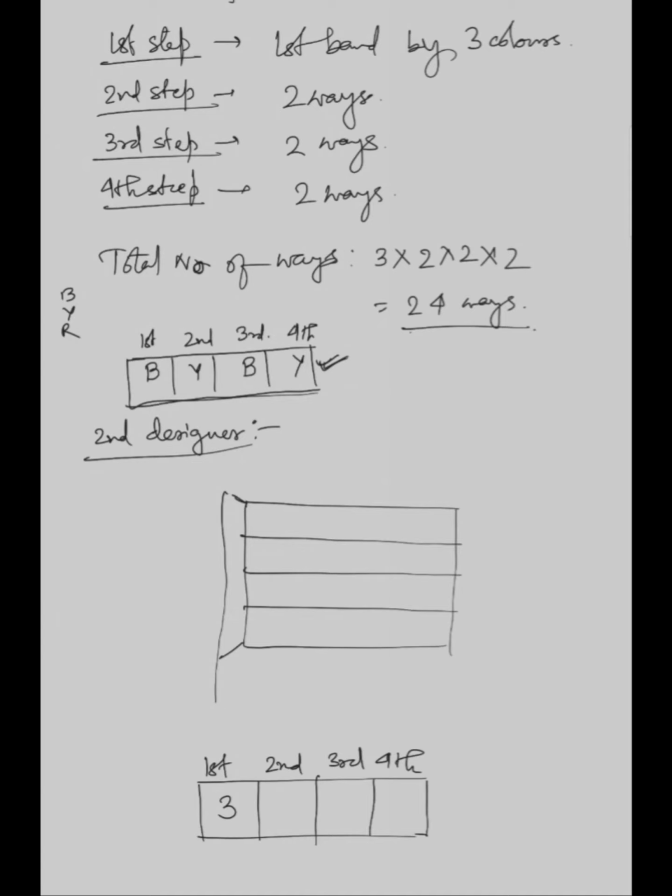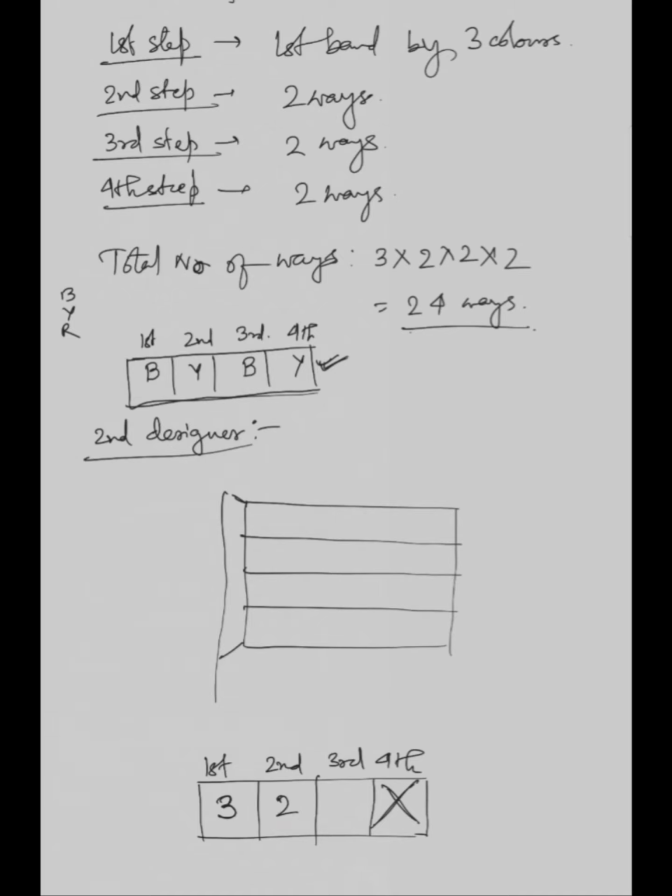For the first band, he may choose in three ways, because three colors are there. Firstly he supposed that the fourth box is not there, only three boxes and three colors. For the first box he may choose three colors. Now one has been applied, so two are remaining, and for the second box he can choose two colors.